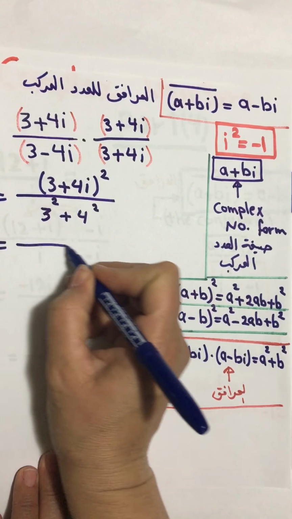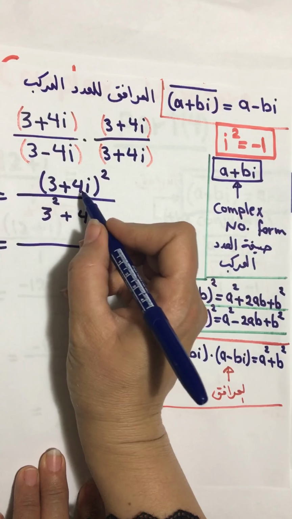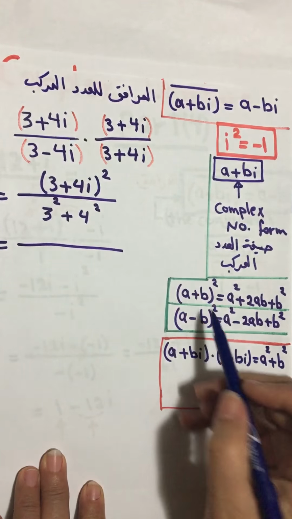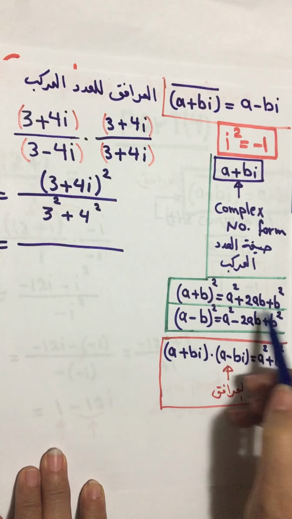Equals (3 plus 4i) squared. I can use this form.